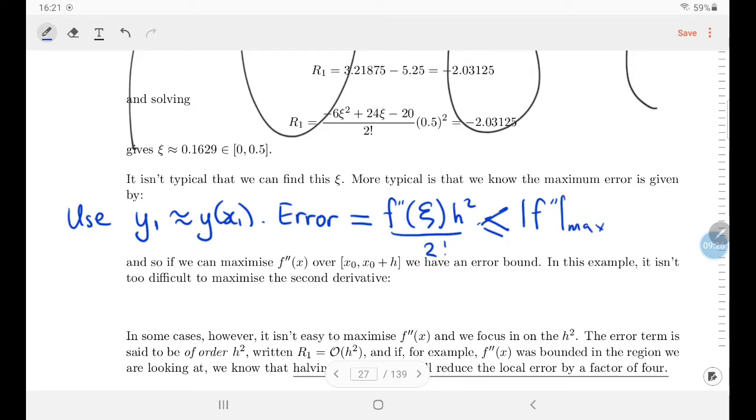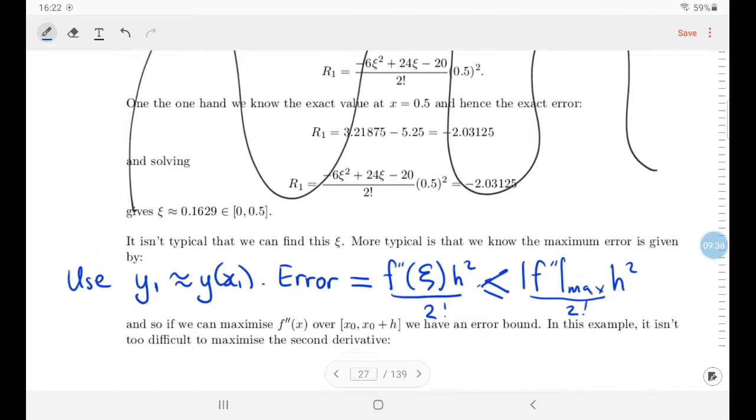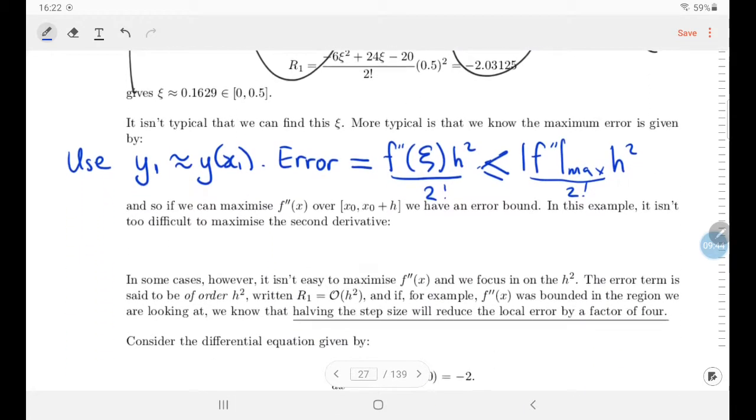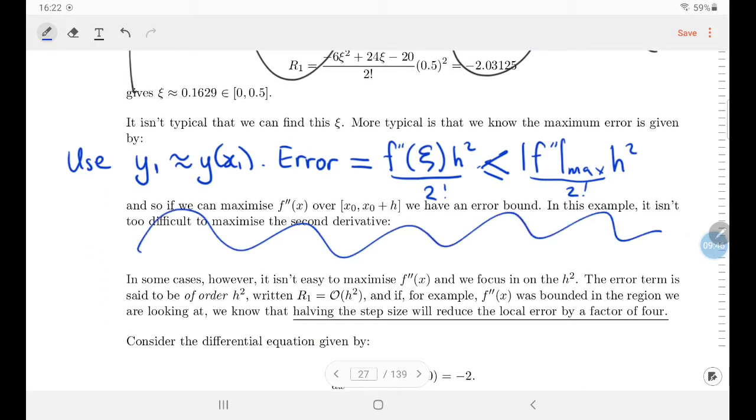So let's make this second derivative as big as possible. Taking the maximum of it, it's something like this. And it's easy to sometimes maximize the second derivative. But again, it's not that important. So what I'm saying here is, in this one, you can maximize that. You can find the biggest value of that and analyze it, but you don't care.